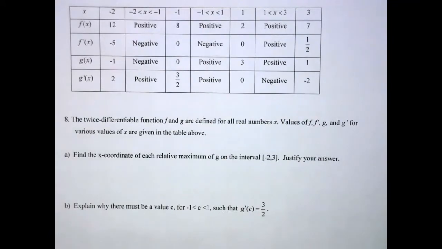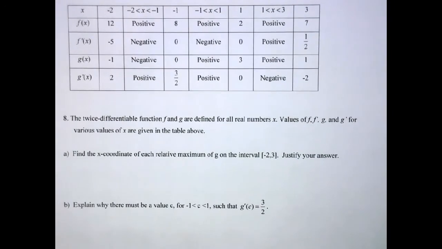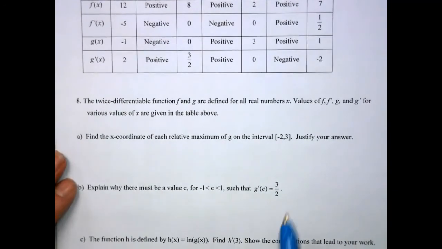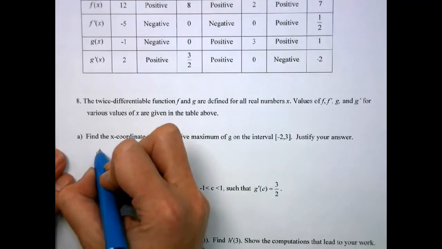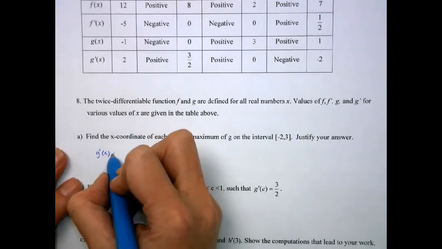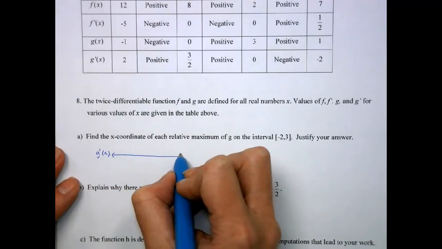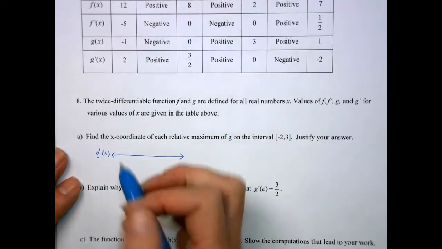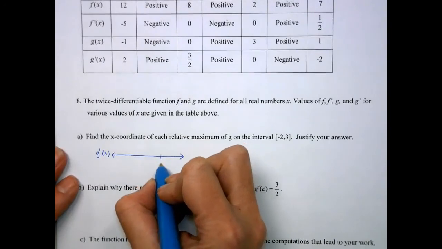So find the x coordinate of each relative max of g on the interval -2 to 3. Well, let's look at g prime of x. Okay, the critical points, there's only one here at 0. Less than that, our graph is positive.